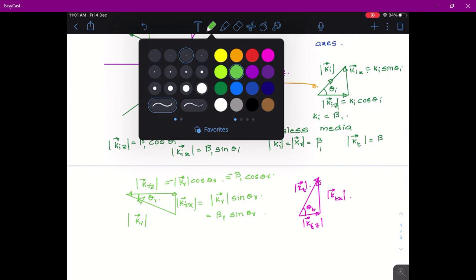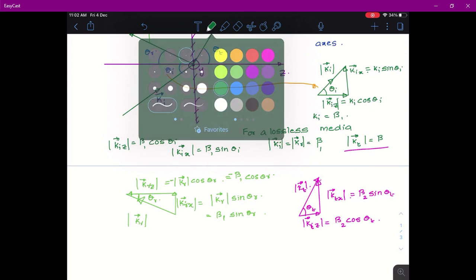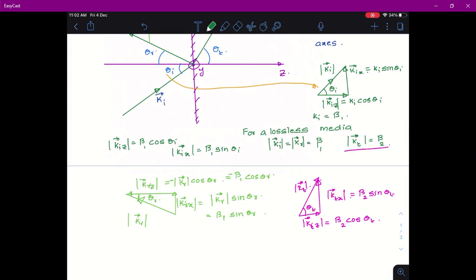Now coming back to KT, KTZ is beta 2 cos theta t, and KTX is beta 2 sin theta t. Why beta 2? Because we have already proved that for a lossless media, the magnitude of KT in the second medium is beta 2.